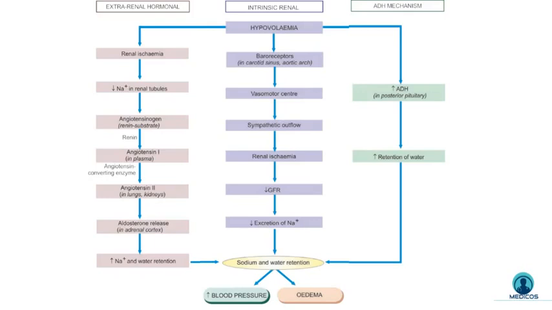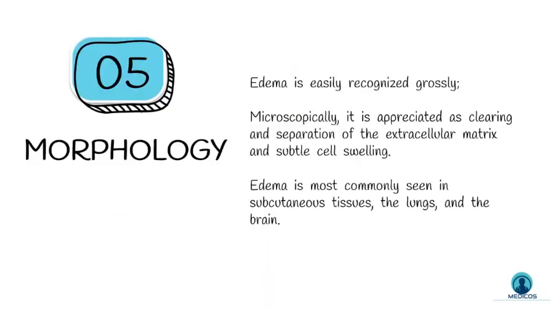When it comes to the morphology, edema is easily recognized grossly, but when you see it microscopically, it's seen as clearing and separation of the extracellular matrix with cell swelling, and any organ or tissue can be involved. But edema is more commonly seen in subcutaneous tissue, lung, and brain.